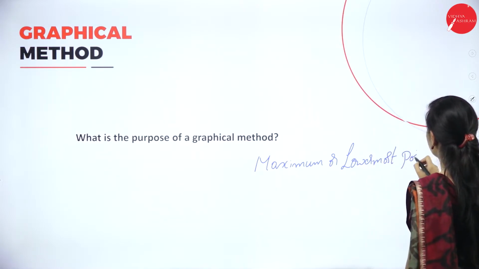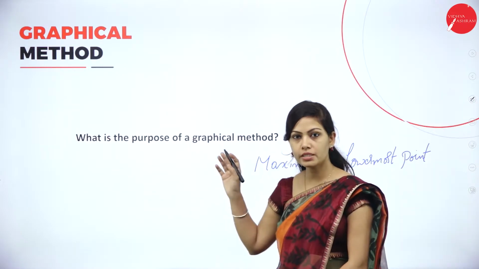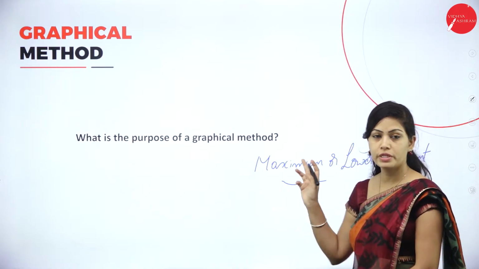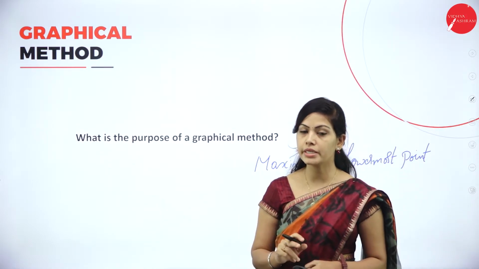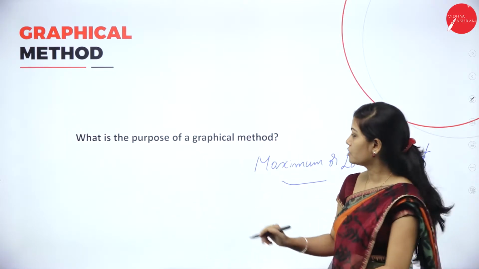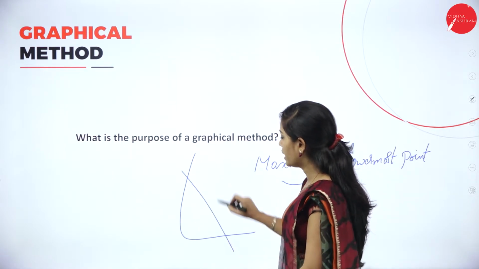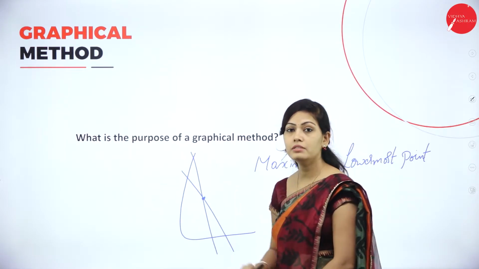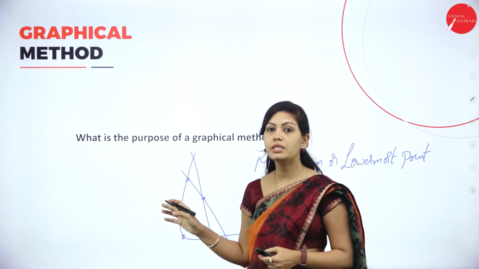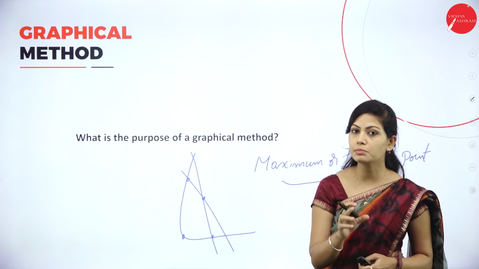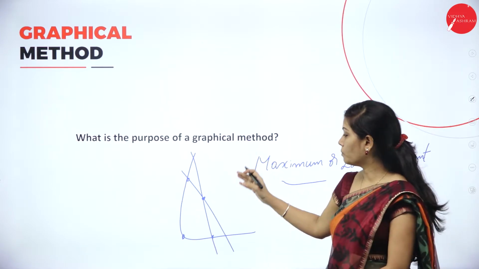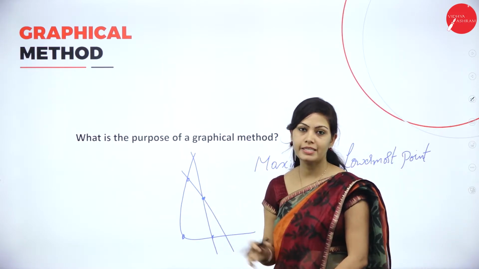Using this graphical method, we can find out the maximum or lowermost point of the intersection on a graph between the objective function line and the feasible region. So, between the objective function and the feasible region, we can find the lowermost or maximum point. So, graphical method is useful for finding out the maximum or lowermost point of the intersection on a graph between the objective function and the feasible region.